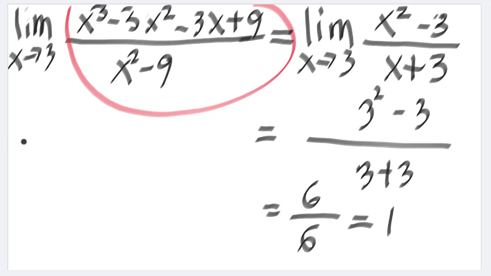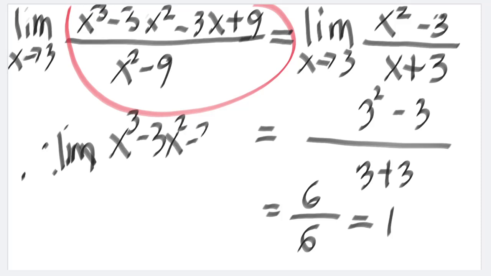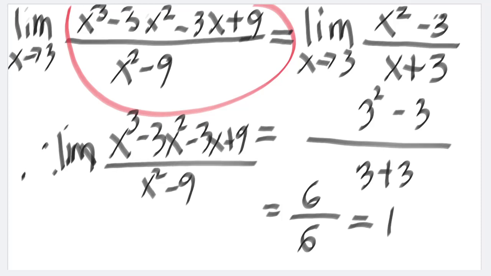So therefore, ang dating limit na nag-yield ng indeterminate form, nakuha na natin ang limit by using factor and cancel method. So therefore, the limit of x cubed minus 3x squared minus 3x plus 9 all over x squared minus 9 as x approaches to 3 is equal to 1.